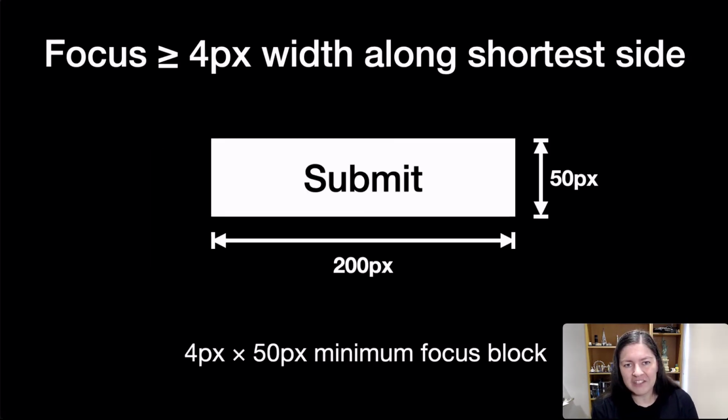The final calculation that we have as an option for our focus appearance is a 4-pixel wide block along the shortest side of your element. And for those who are wondering what that looks like, it's about this big. I've done this to scale on my quote-unquote 200 pixel wide button. This is what 4 pixels would look like at that scale.